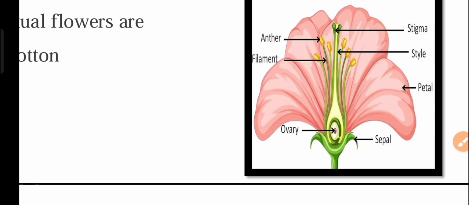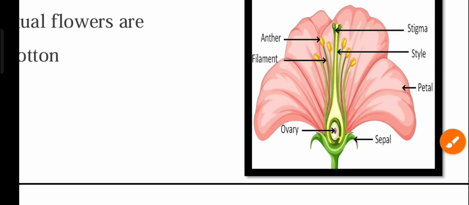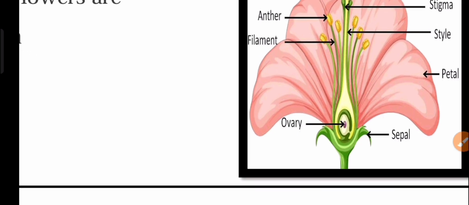In this we can see androecium also present and gynoecium also present, so that's why it is called a bisexual flower. It is also called as what? Perfect flower, because of the presence of both reproductive organs. A few examples for bisexual flower are rose, pea, cotton, china rose, like that.